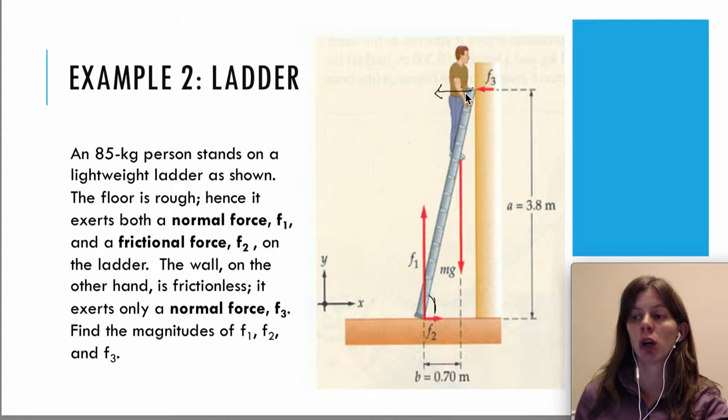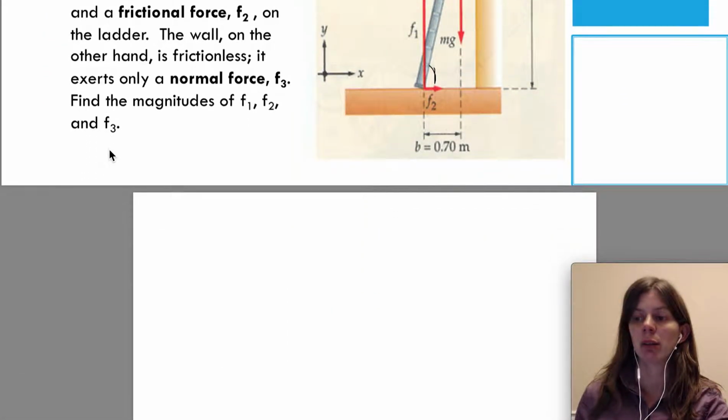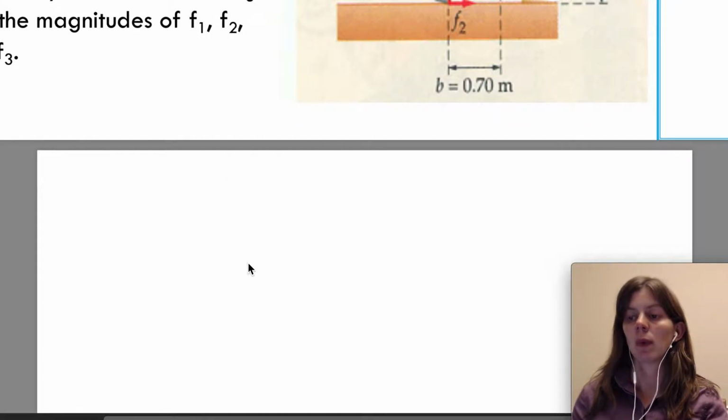We only want to draw the ladder, that's the object being rotated, and the forces acting on the ladder. So we don't want to draw the person. We just want to draw the force due to the person. So I'm going to go ahead and do that over here. We have the ladder.